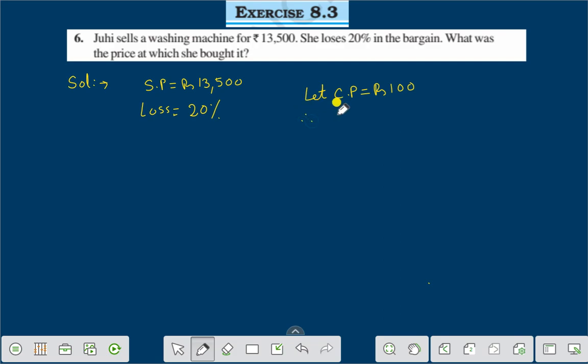Therefore, selling price, here you see 20% loss, that means selling price is rupees 80.